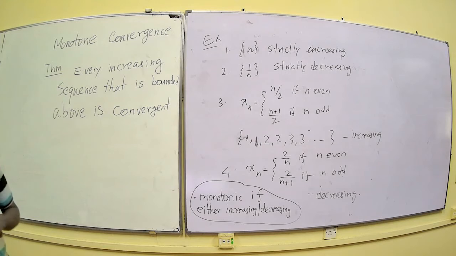Every increasing sequence that is bounded above is convergent. That is the monotone convergence theorem, right?